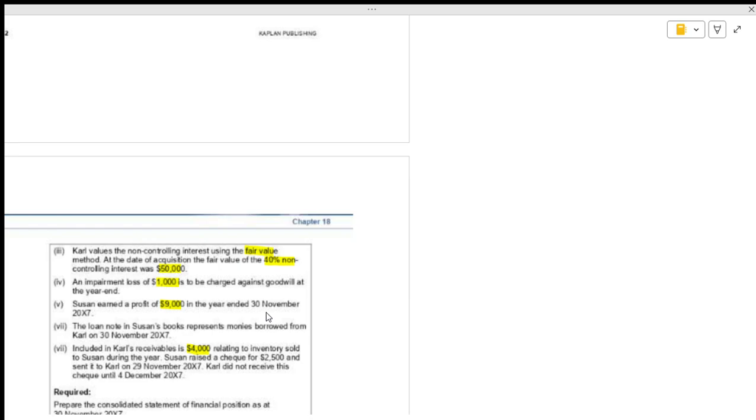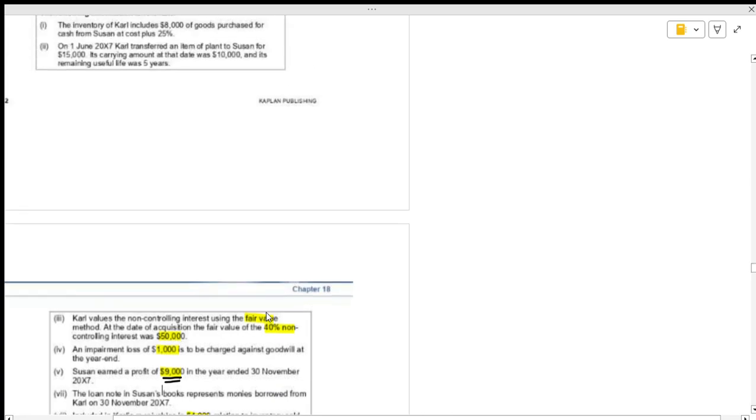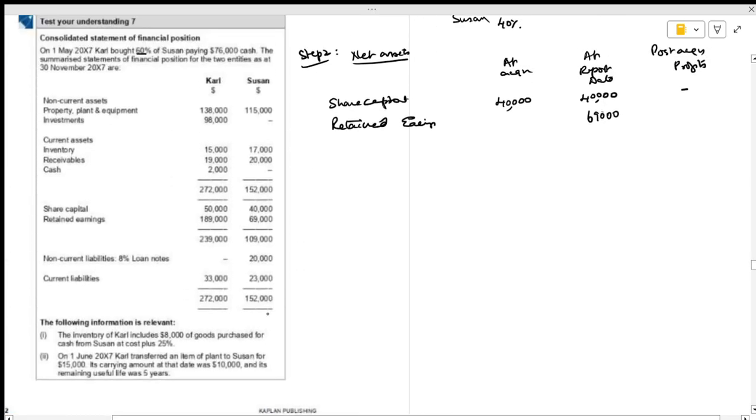Very interesting. See the thing. How much have they earned as profit? They earned a profit of 9,000. It is for 1 year. And we have to take it for how many months? 7 months.